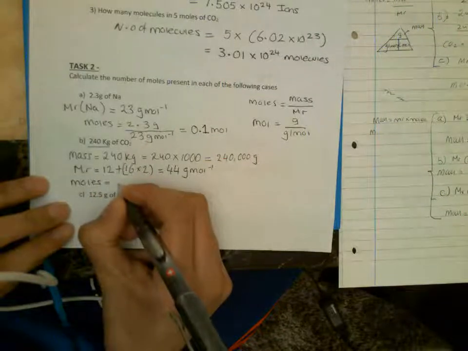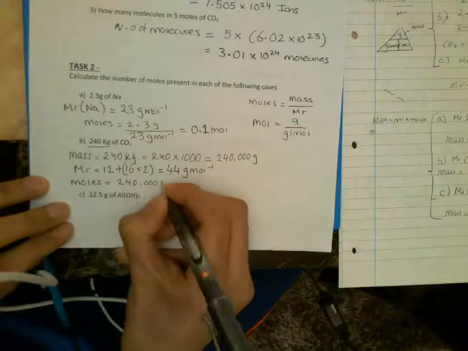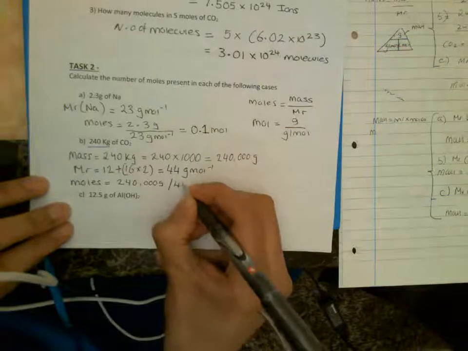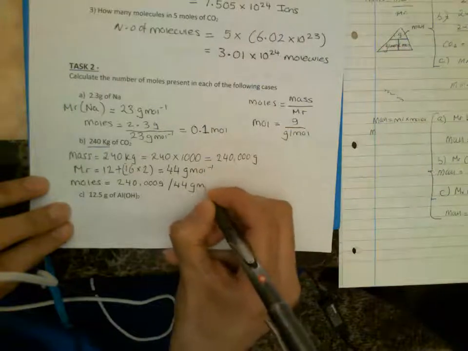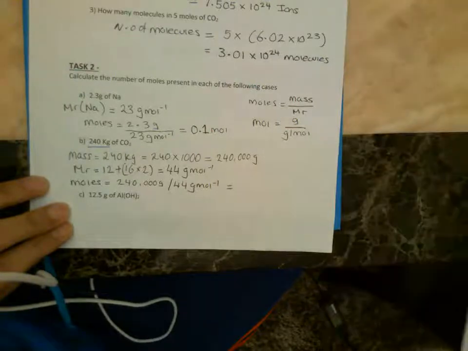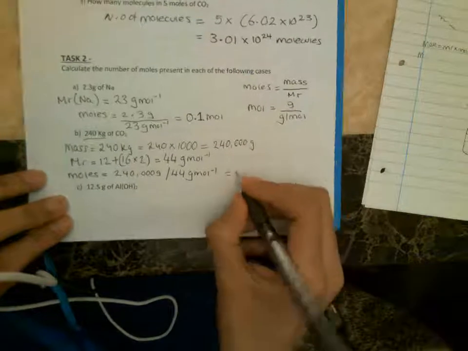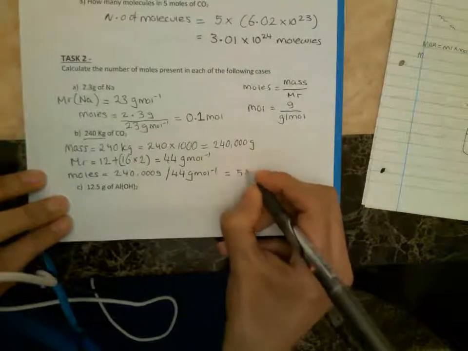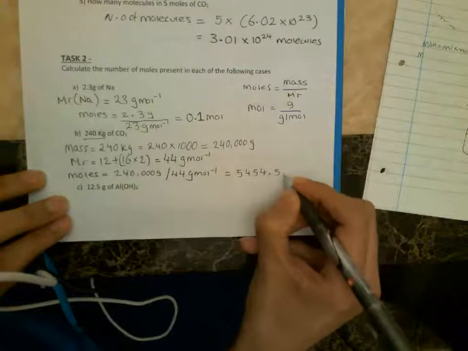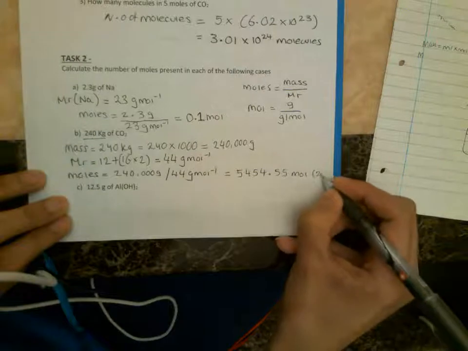Moles is equal to mass, so in this case it was 240,000 grams, all divided by our MR, which was 44 grams per mole, and we would get our answer of 5,454.55 moles to 2 decimal places.